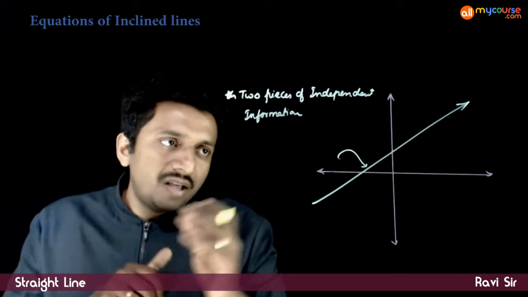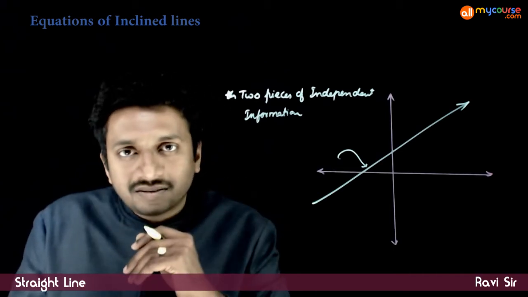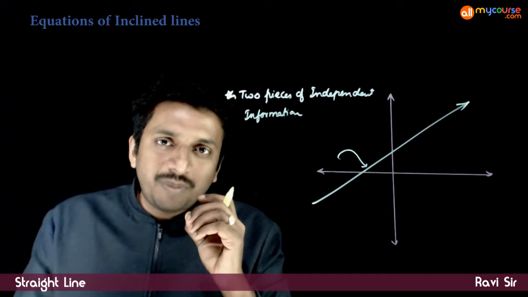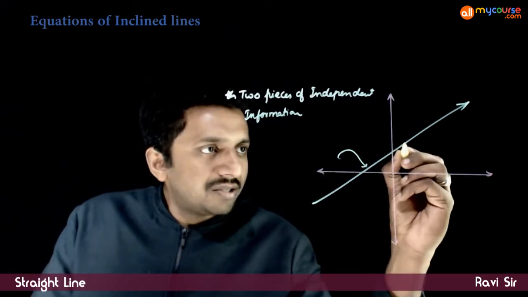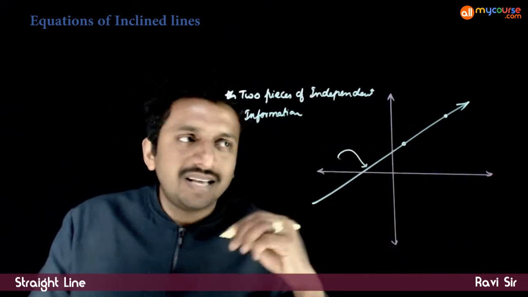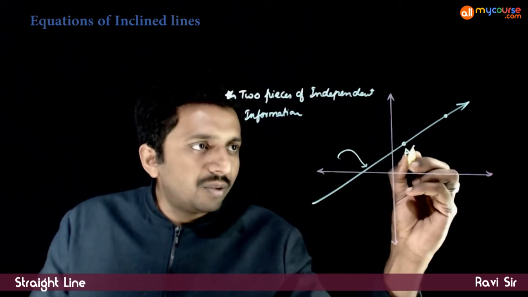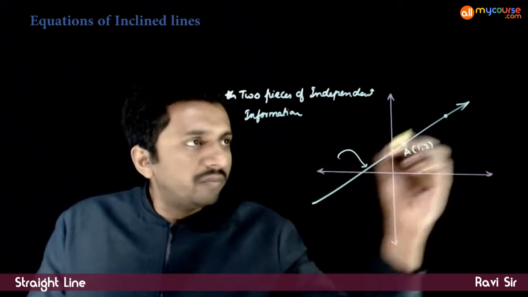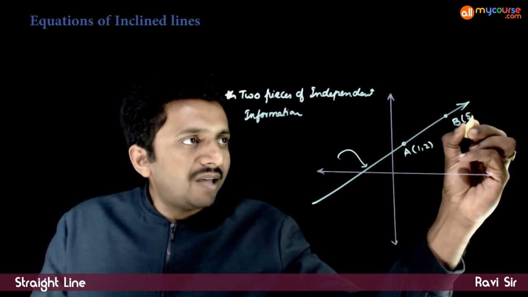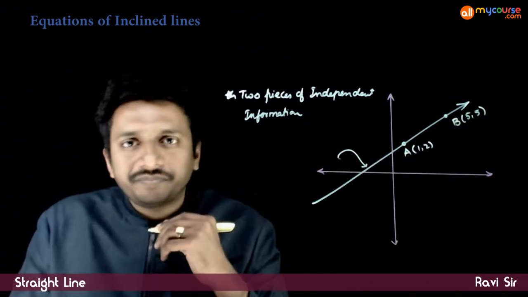For example, if I want to say what this line is, first let us specify 2 points through which the line passes. I'll say that the line passes through the point A (1, 2) and a point B (5, 5).